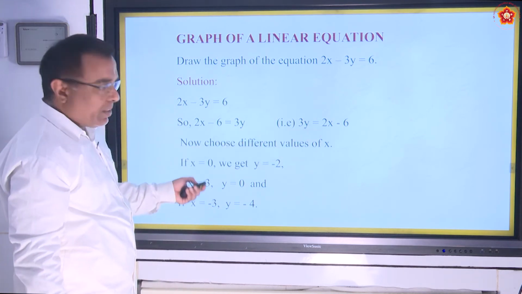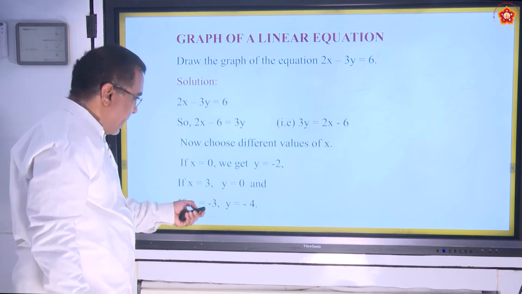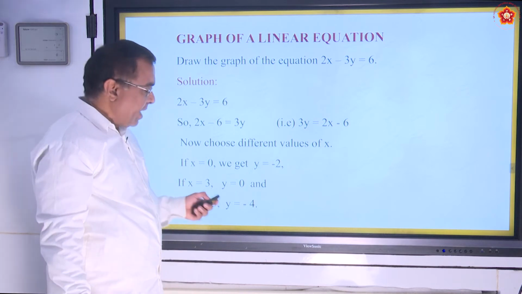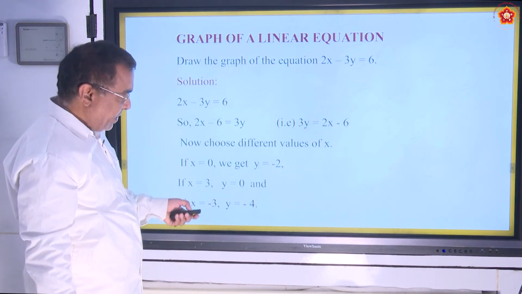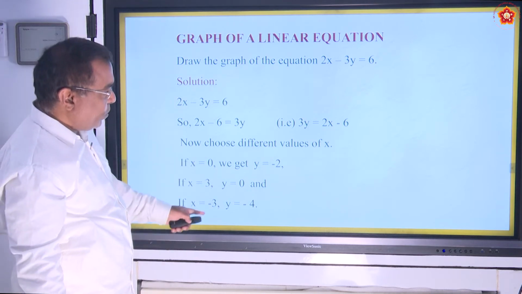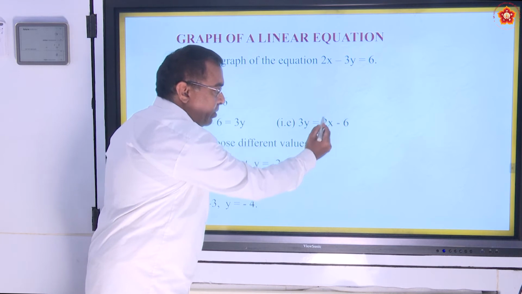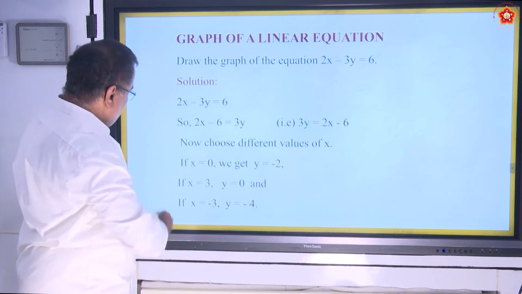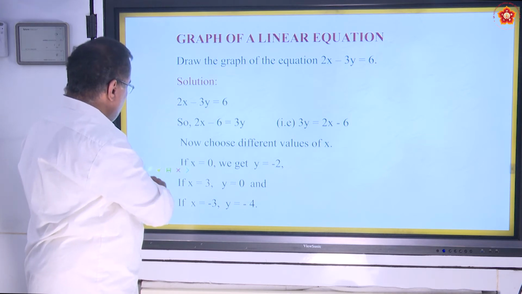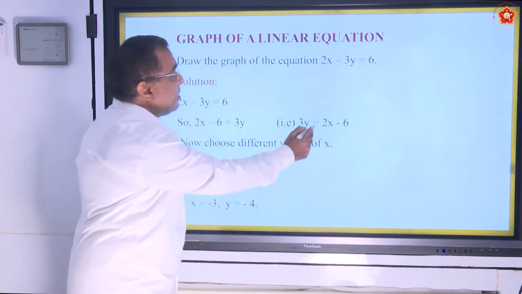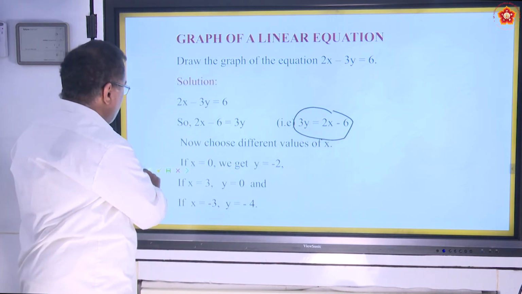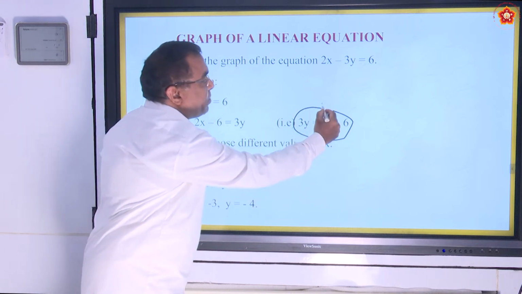I have taken some specific values 0, 3, minus 3, and correspondingly I am finding the y value. You can take any values of your choice; you need not be very strict on this. Let us take the equation 3y equals 2x minus 6.